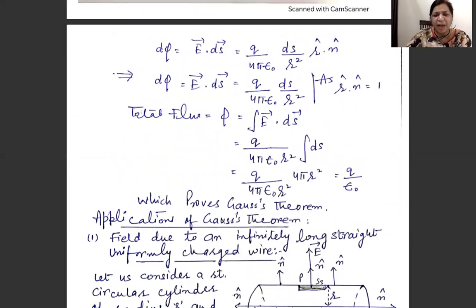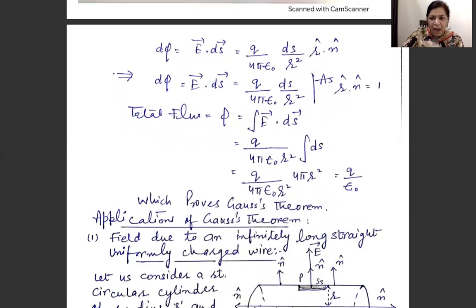So by putting the values for E as well as ds, we will be having Q by 4 pi epsilon naught R square and R cap. This was the formula for the electric field intensity. And for ds, we will be writing ds into n cap.